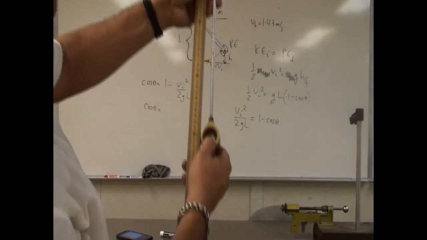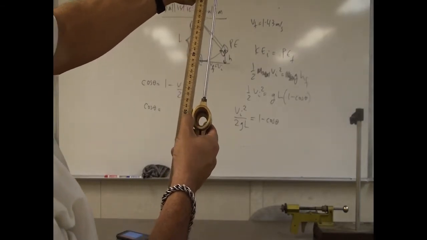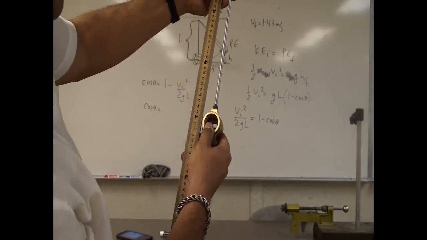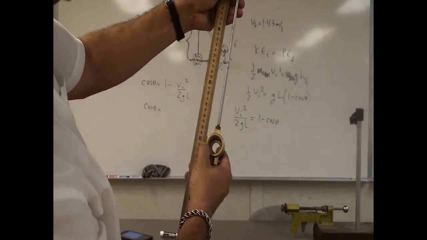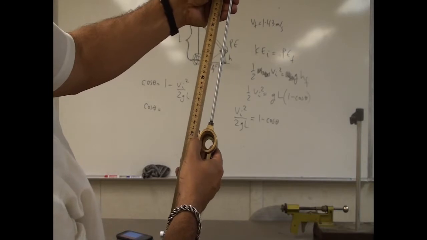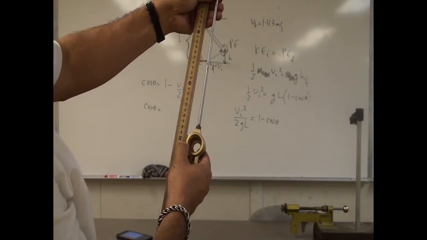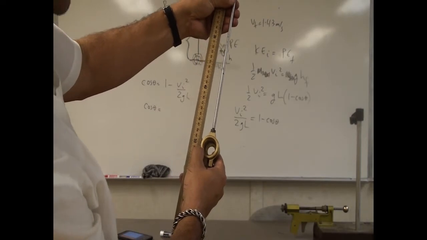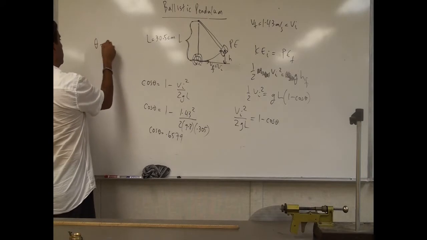So from the 20, and then the center of this looks like it's about 50.5 centimeters right here. The center of the hole, approximately 50.5. So from 20 to 50.5 is 30.5 centimeters. So then I'm going to take the inverse cosine of that.